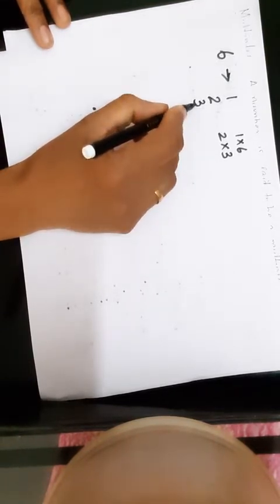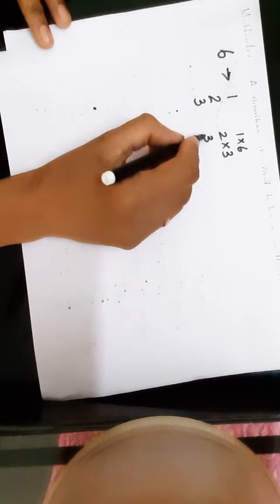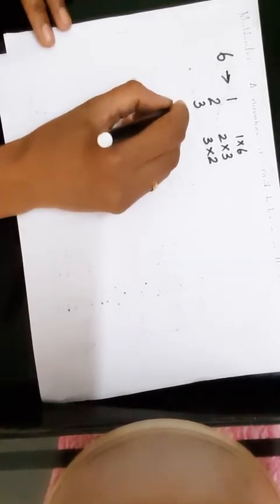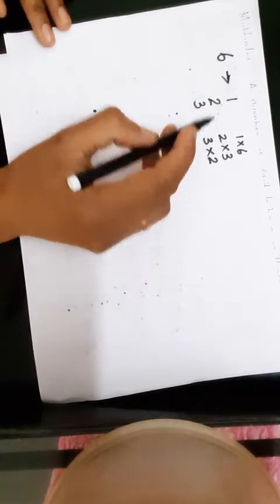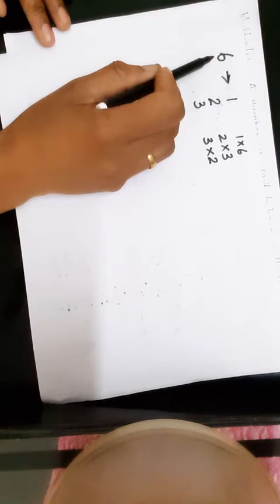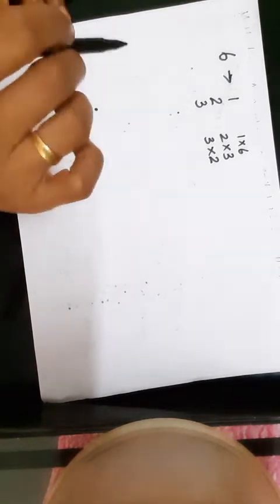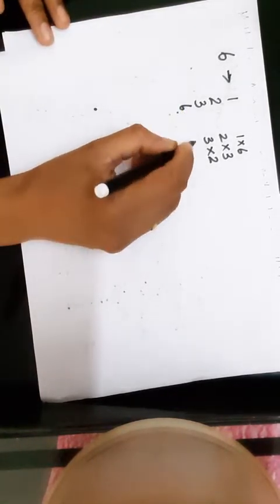Any number multiplying with 3 to get 6? Yes, 3 into 2. Now let us check 4. Is there any number multiplying with 4 which can give 6? No. There is no number like that. 5? No. 6? Yes. 6 into 1 is 6.